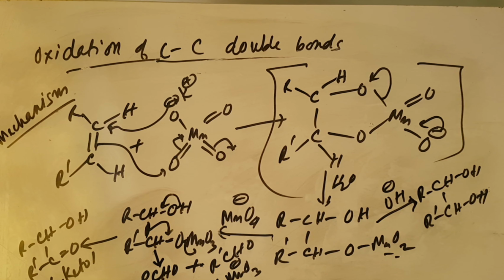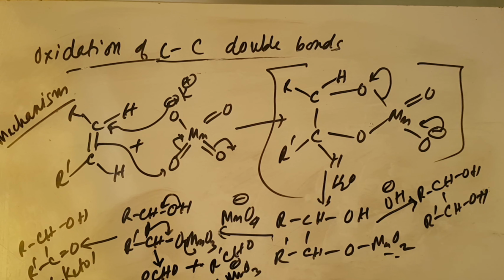So first we'll discuss the oxidation with potassium permanganate. In the case of potassium permanganate, the reactivity depends on whether it is used in acid medium, neutral medium, or basic conditions. Depending on the conditions of the medium, you can have different types of reactions.